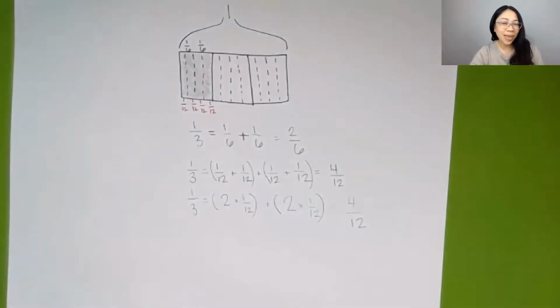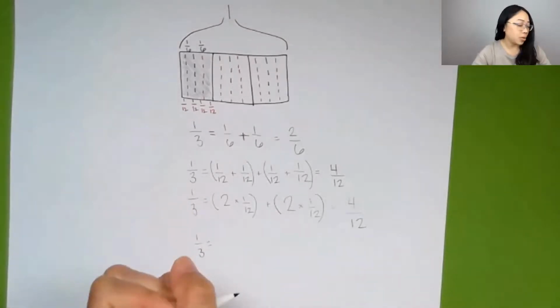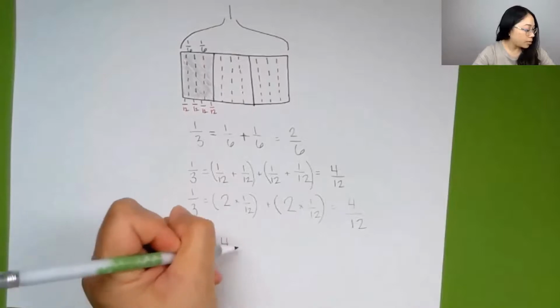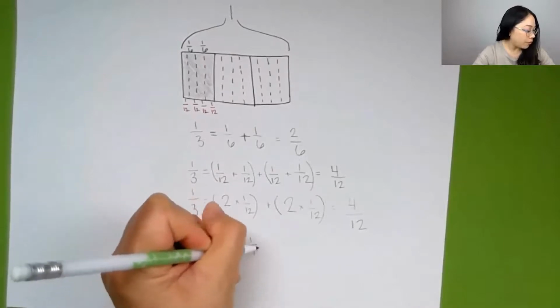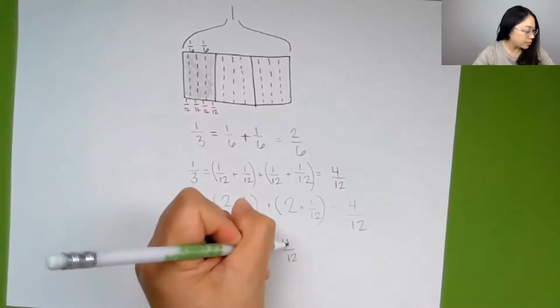Is there another way? Yes, we could also write it like this. 1/3 equals 4 times 1/12, which equals 4/12.